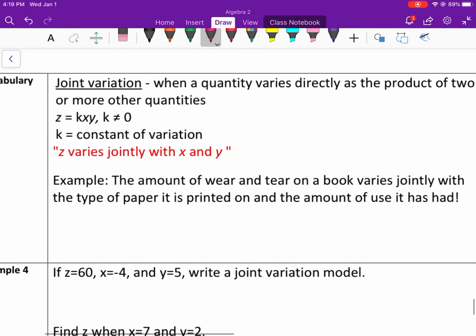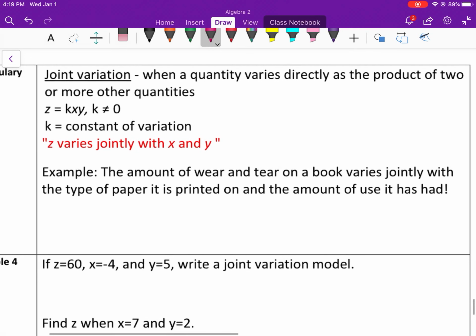Joint variation is the last type of variation we're going to look at. This is when a quantity varies directly as the product of two or more other quantities. So like z equals k times x times y. k can't be 0 because that's your constant of variation. So we would say that z varies jointly with x and y. This might be an example.